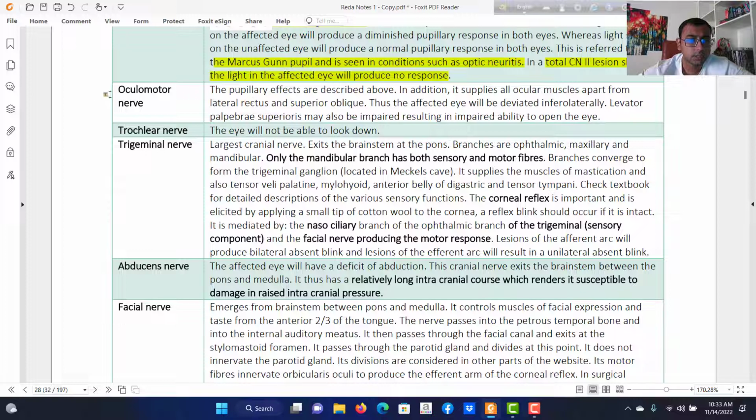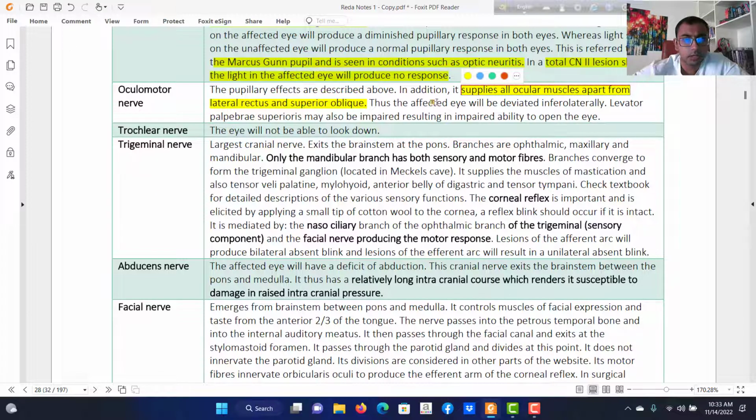Oculomotor nerve. It is one of the important third cranial nerves. So these are also the mixed nerves. Lateral rectus and the superior oblique muscle of the ocular region will supply the oculomotor nerve. 3, 4, 6, 11, 12 are the pure motor.